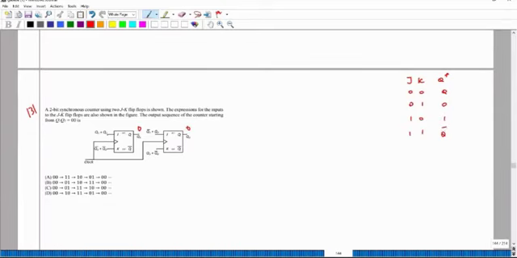So first, let me take this flip-flop. Here J is equal to 0 and K is equal to 1, so Q will remain in the same state.